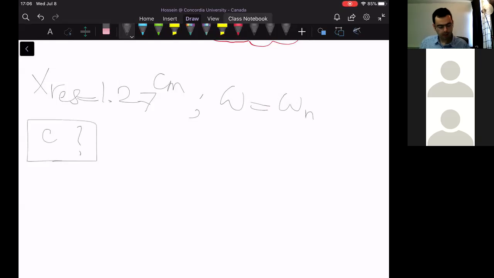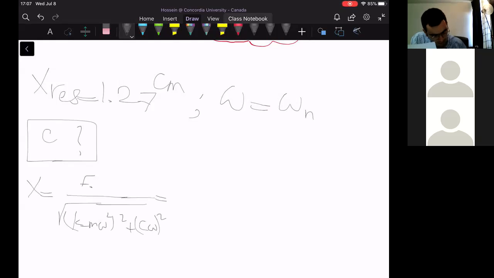So if I write the equation again, X is F naught divided by the square root of (k minus m omega squared) squared plus (c omega) squared. In case of resonance, omega is equal to omega n, therefore this is going to be 0.